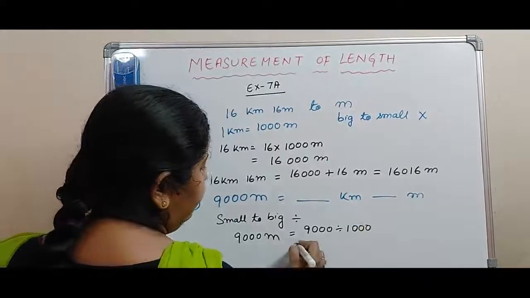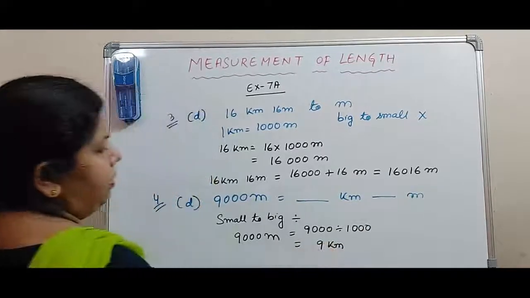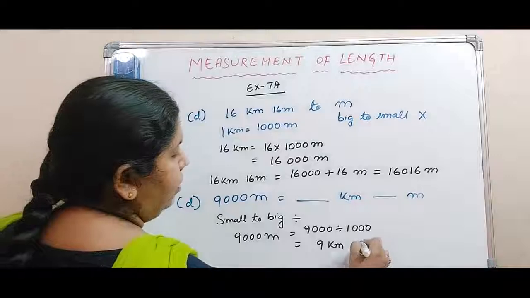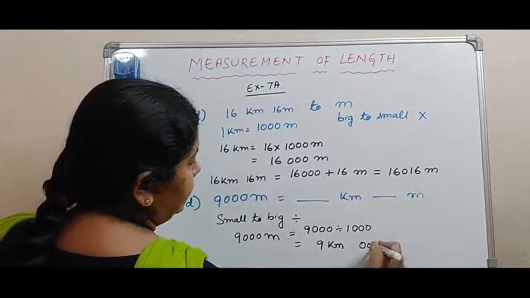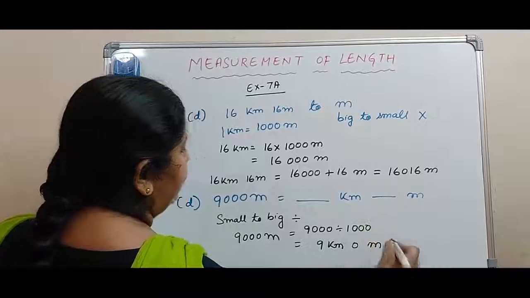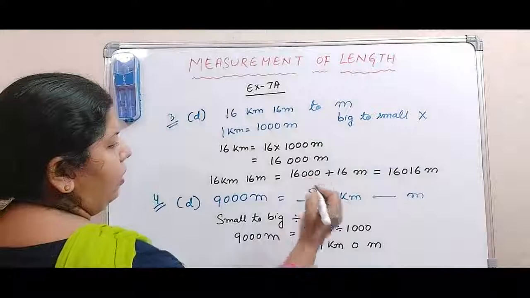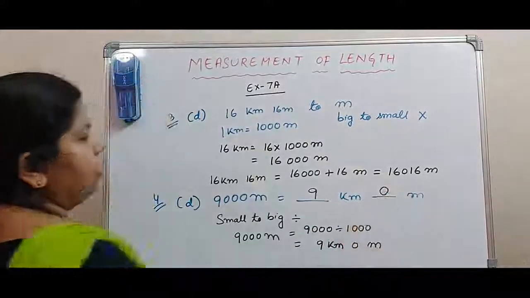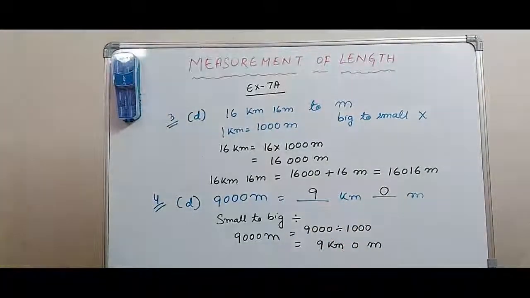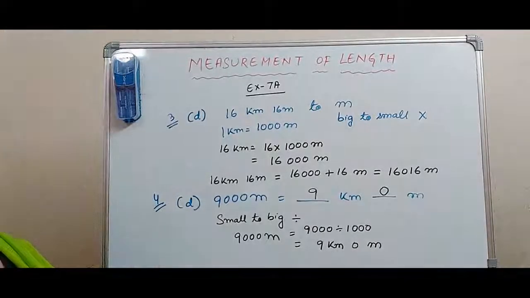Okay, so that is equal to 9 kilometer and 0 meter. Or you write only 0 meter. So this is what you will put here, 9 kilometer and 0 meter. I hope this is clear to everyone. So please complete the rest of the bits yourself.